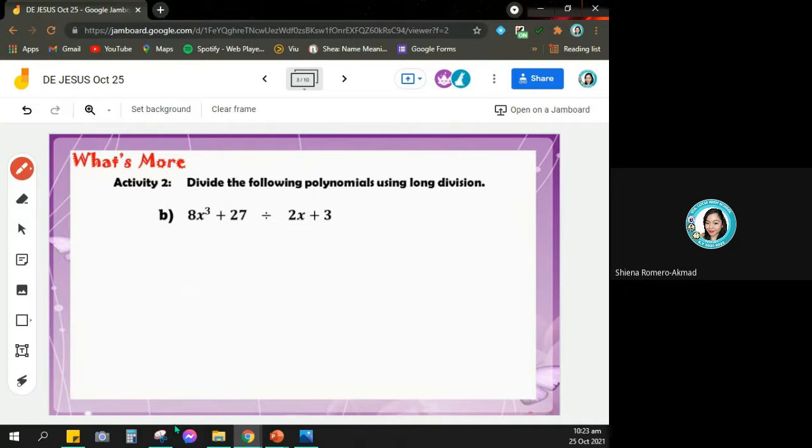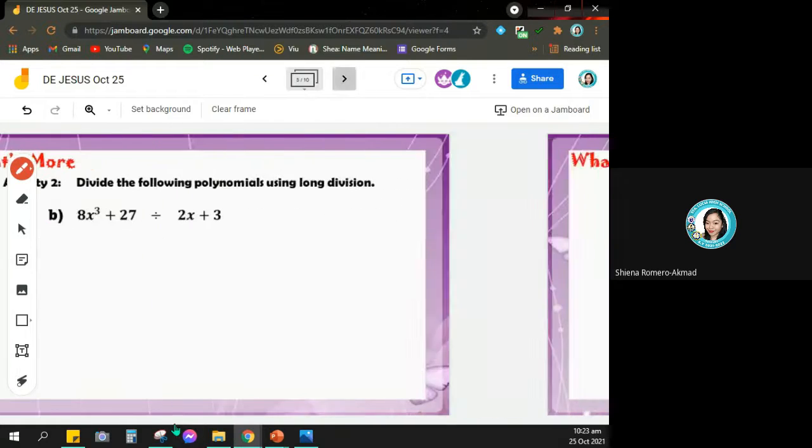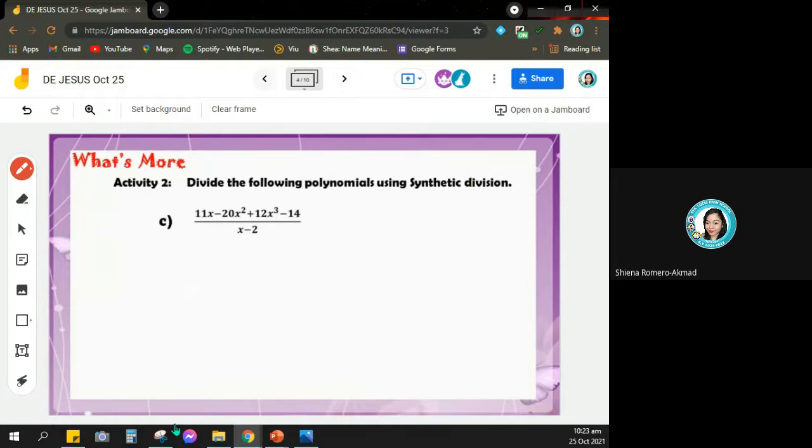So ito, synthetic division pa rin gagawin natin. Ay, long division pala yung gusto niya dito. Dito, puro long division. Synthetic tayo. Sige, pakita ko na rin sa inyo yung long division nito and yung synthetic para ma-review kayo. So we have 8x cubed plus 27.